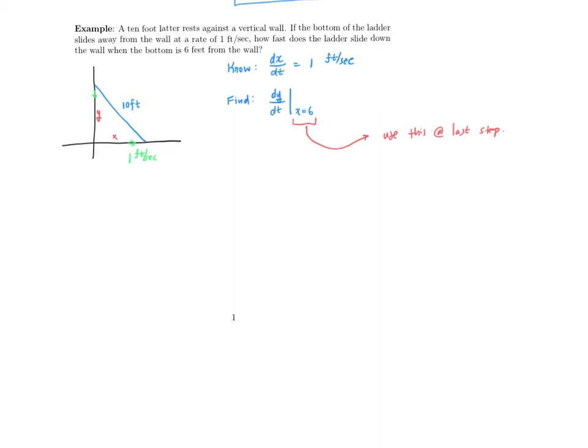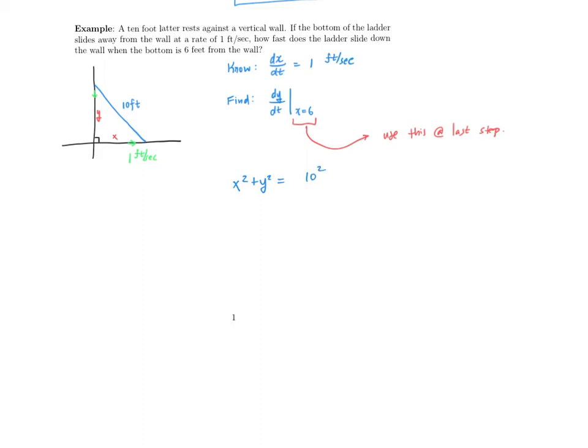In this case, hopefully you're noting that there is a right triangle hiding in our picture. Pause the video and write down the relationship relating x and y, the two legs of this right triangle, to the hypotenuse 10. And hopefully what you indicated is the Pythagorean theorem: x squared plus y squared is equal to 10 squared.